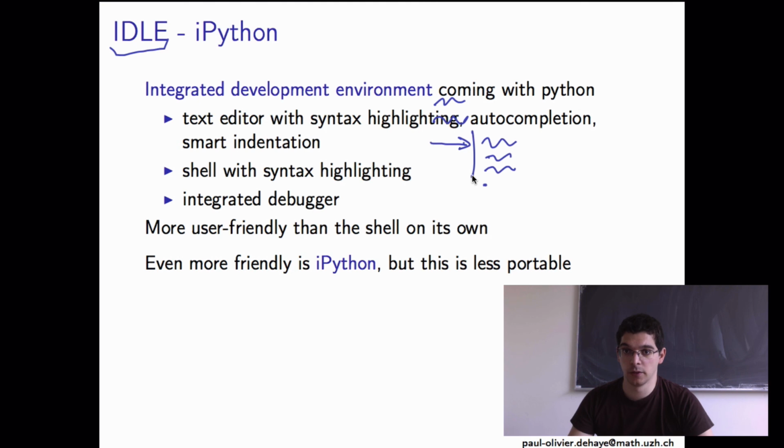Python will expect that you are continuing the same code block, and each time you press enter, you end up here. So it helps you keep the indentation. This should be available on any platform, but even more friendly than IDLE is what's called IPython, but this is less portable. This is an interpreter. IDLE can also be used as a shell.